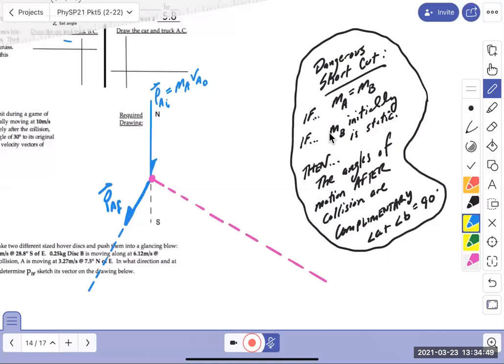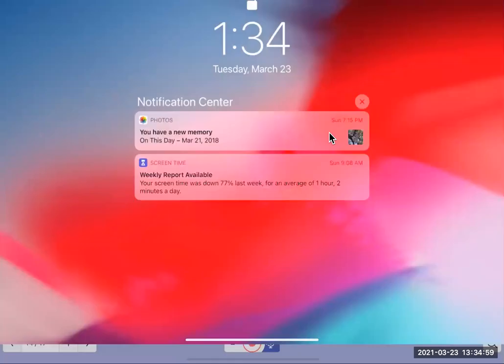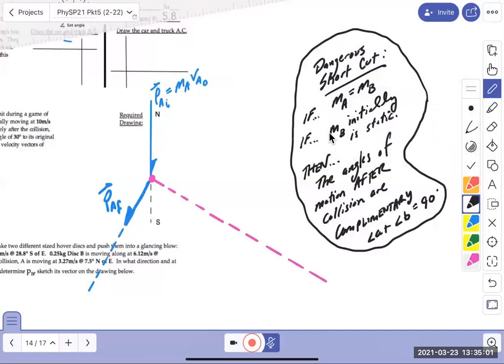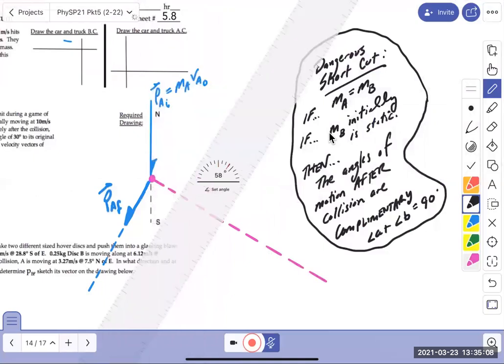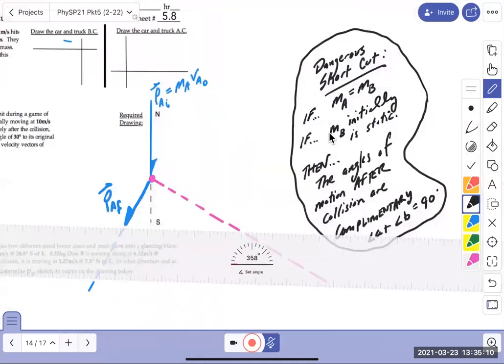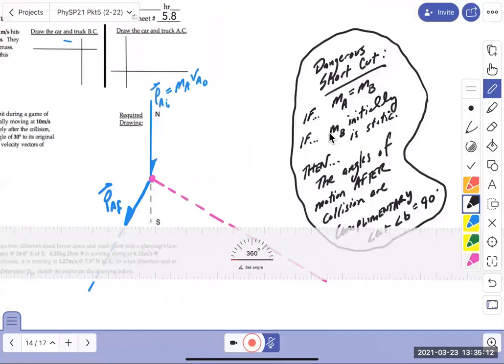Now, here's what students do that make mistakes on tests. They're going to get good partial credit, but here's what they do. There we go. They do this. They're trying to figure, this is going to make two right triangles.